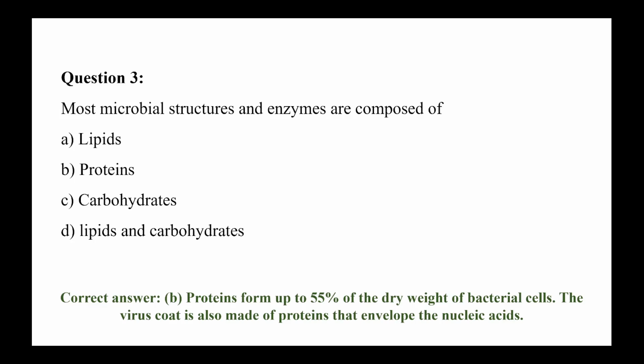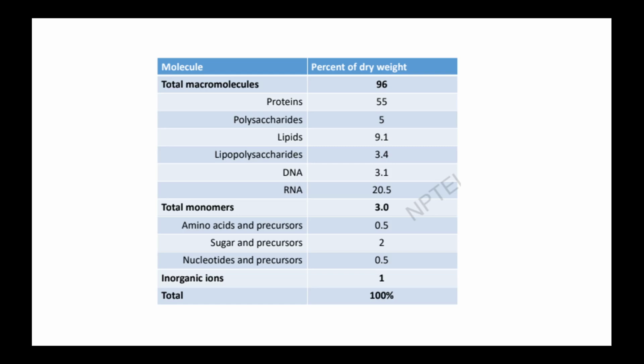The virus coat is also made of proteins that envelops the nucleic acid. So even viruses, the smallest microbes, are made of proteins which envelop the nucleic acid, that is the genetic material. So proteins are the major macromolecule that is found.